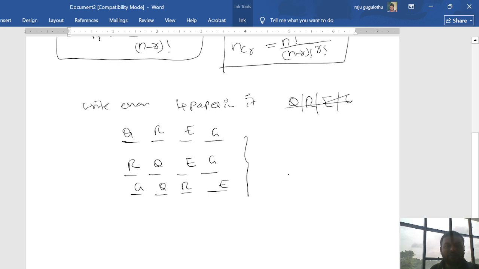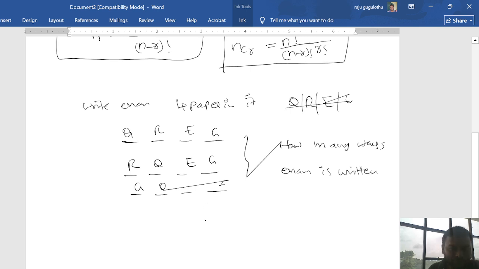Like this, guys, how many ways are possible? That is the question. In how many ways is this exam going to be written?